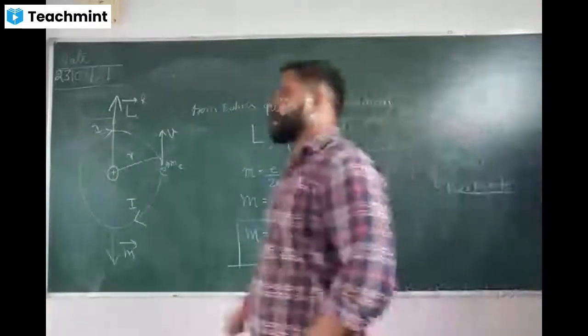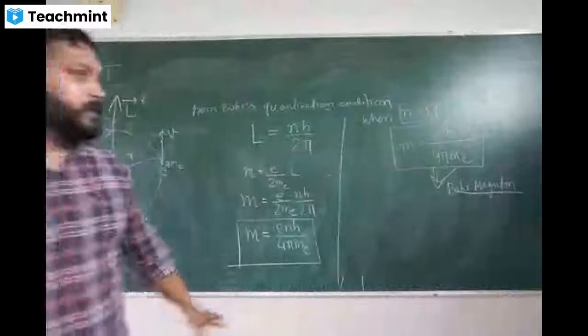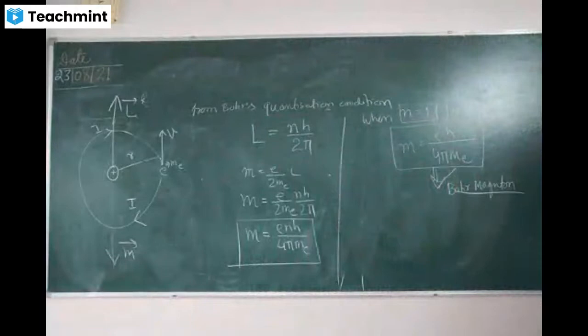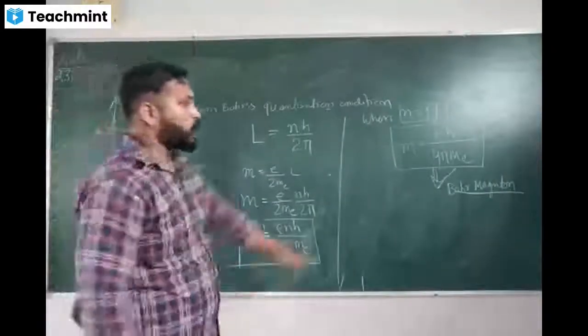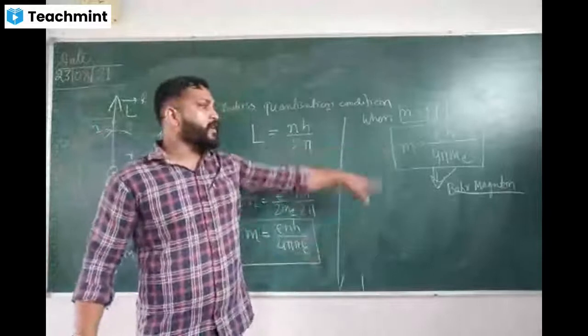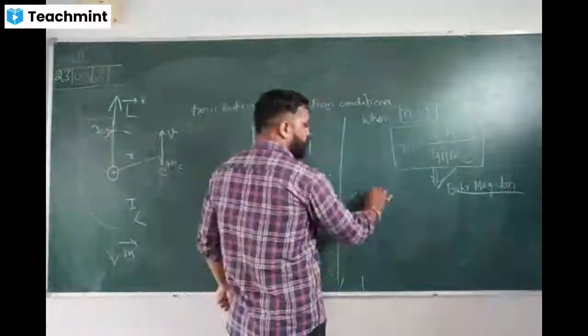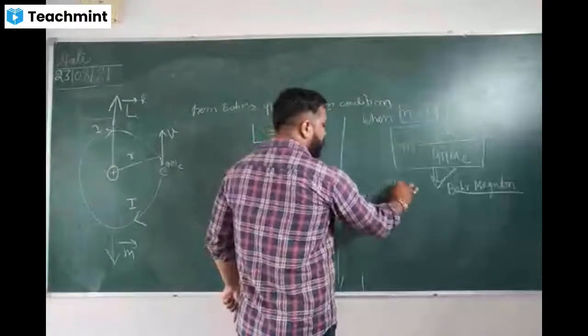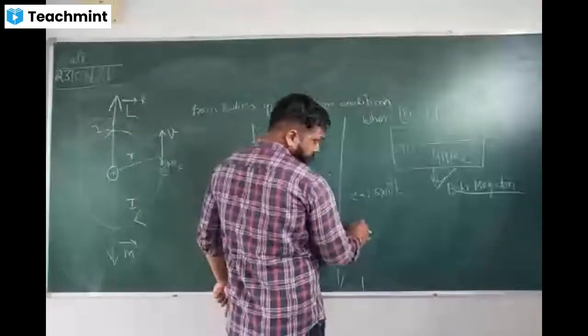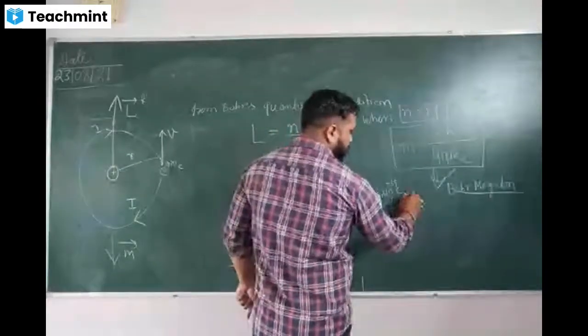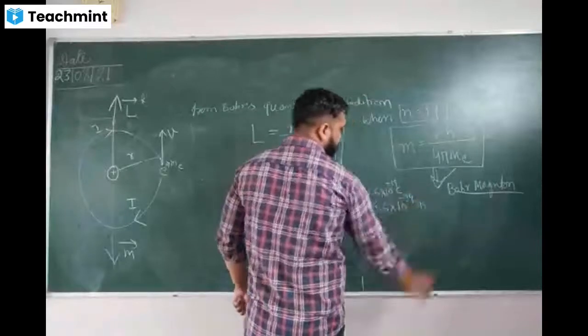The magnetic moment associated with the revolving electron due to its orbital motion for the first orbit of the hydrogen atom is known as the Bohr magneton, and its value is given by M equals eh upon 4 pi me, where e is the charge of the electron, 1.6 into 10 to the power minus 19 coulomb. h is the Planck constant, 6.6 into 10 to the power minus 34 joule second.